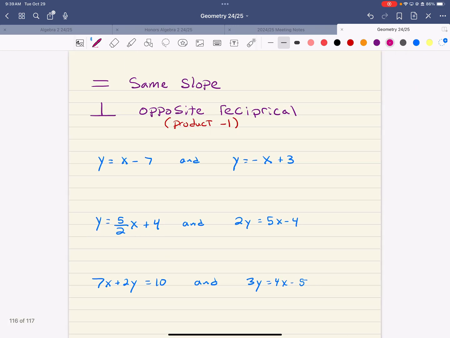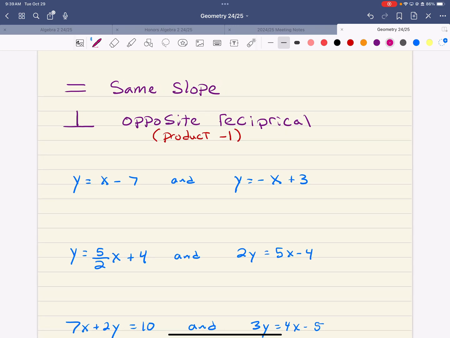So the next part is just a reminder. Remember parallel lines. Let's get our symbol for parallel. Parallel means they have the same slope. They're exactly the same. Slope is 3, the other slope is 3, and so on. Perpendicular, again, that's our sign for perpendicular.